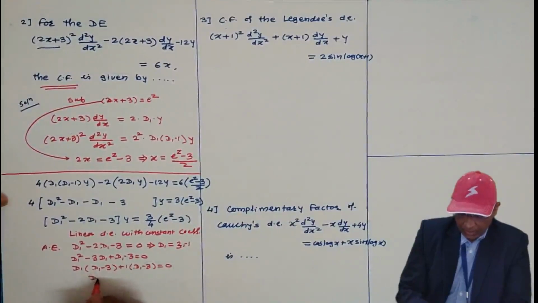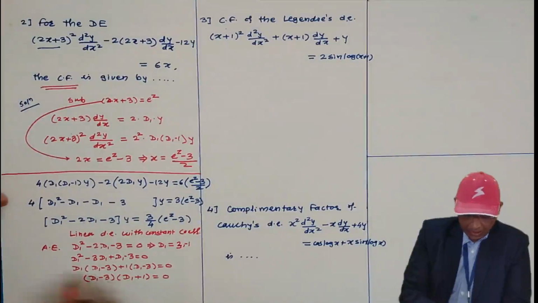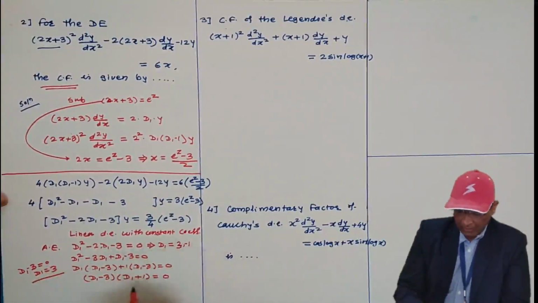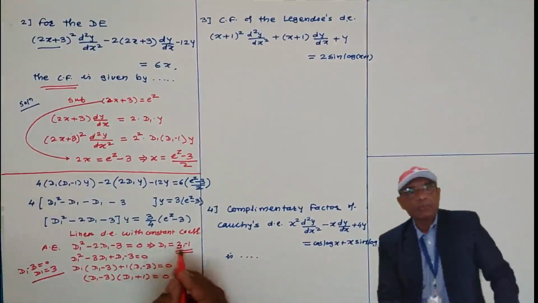Therefore, d1 minus 3 again you take common, d1 plus 1 equal to 0. So d1 minus 3 equals 0, therefore d1 equal to 3, and d1 plus 1 equal to 0, therefore d1 is minus 1. The values of d1 we have obtained.